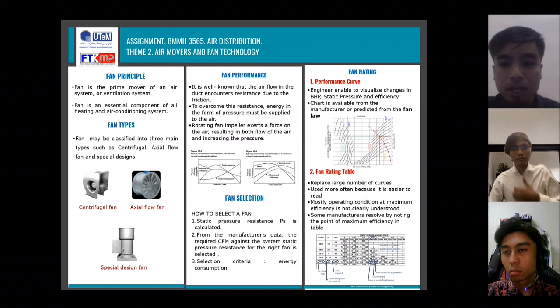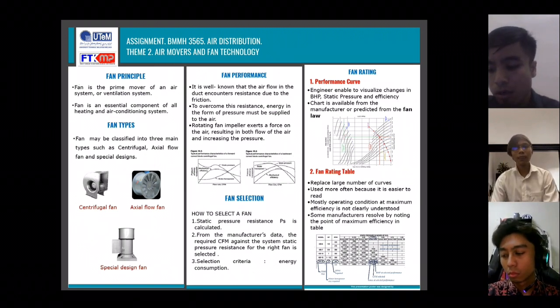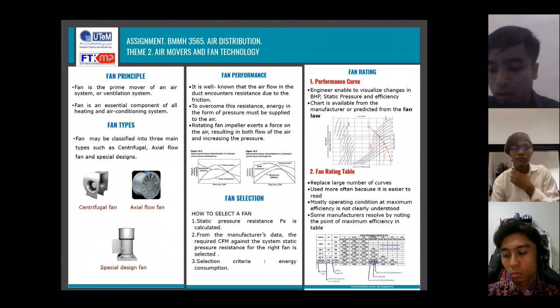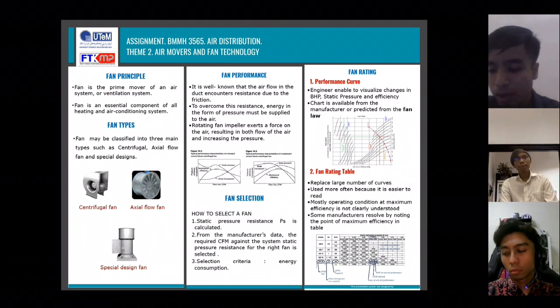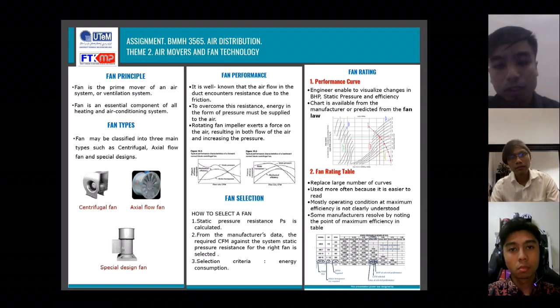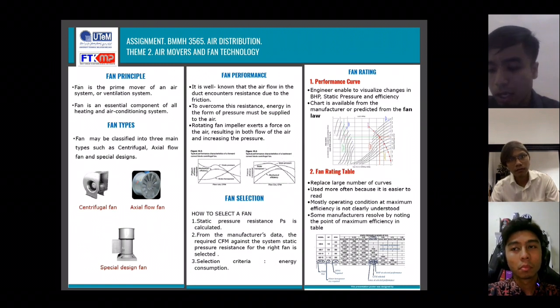And for the special design, it has 4 types, which is mixed flow type, cross flow type, tubular centrifugal, and power roof ventilator, which is axial and centrifugal.